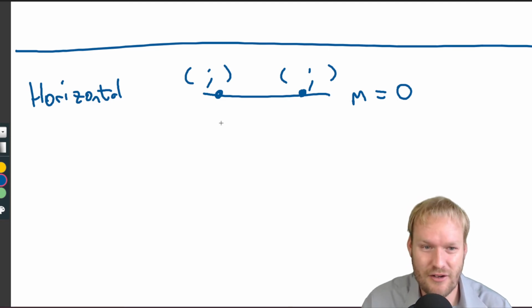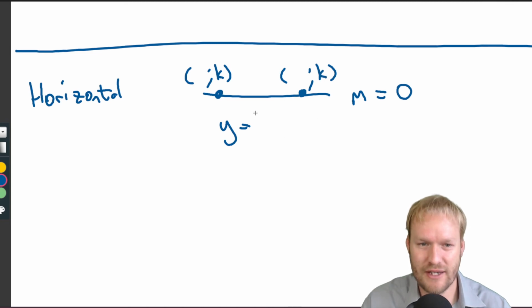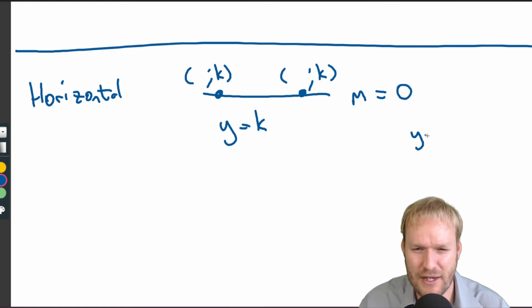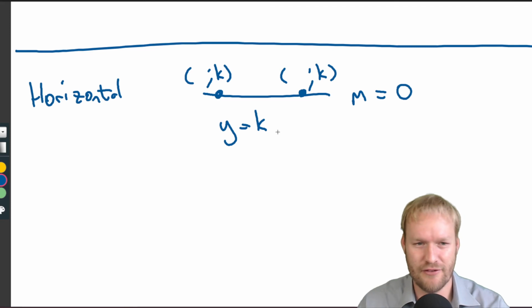So we might have y equals k, if this is k, that will also be k. So y equals k will be our general form. Because remember, it will be like y equals mx plus c. Well, 0 times x is 0. So we'll just have y equals whatever that value of k is.